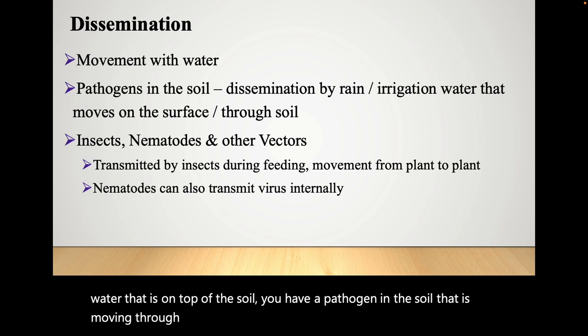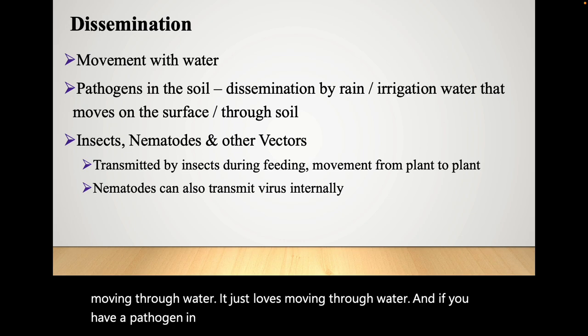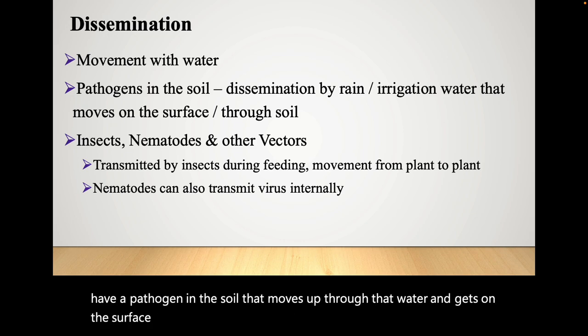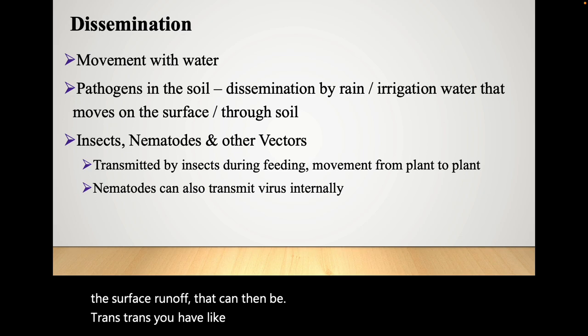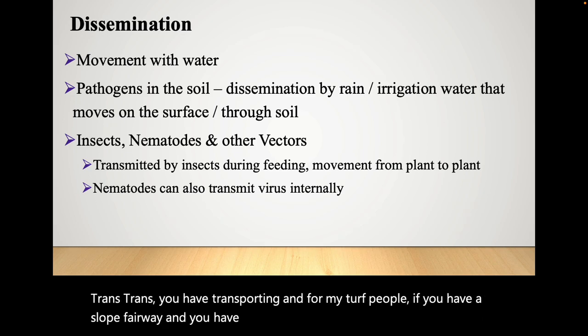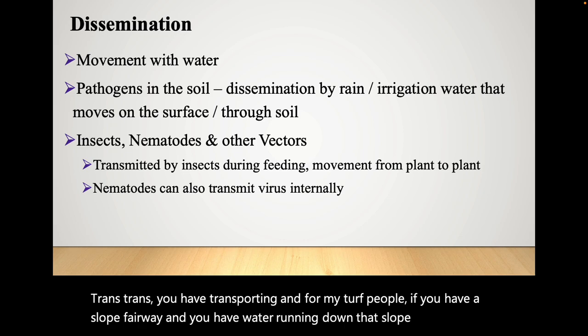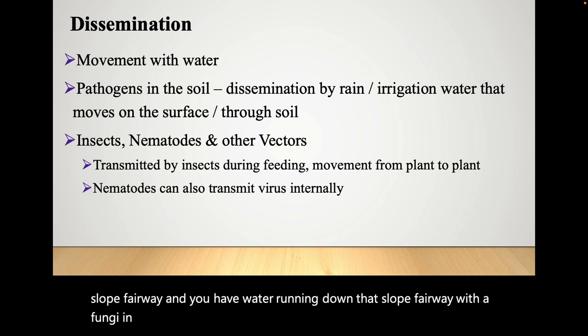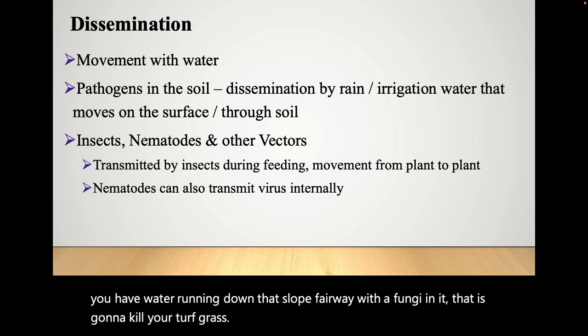It just loves moving through water. And if you have a pathogen in the soil that moves up through that water and gets on the surface runoff, that can then be transported. And for my turf people, if you have a sloped fairway and you have water running down that sloped fairway with fungi in it that is going to kill your turf grass, then that's not going to look pretty, is it?